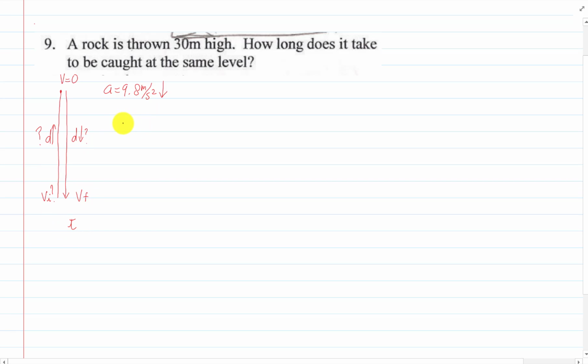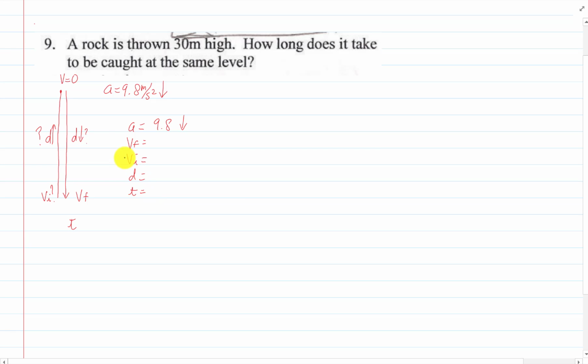Okay? So those 5 kinematic properties: acceleration, final velocity, initial velocity, displacement, and time. And we know 9.8, and that's down. So it's not good to look at the whole scene. We can't, because there's not enough information.